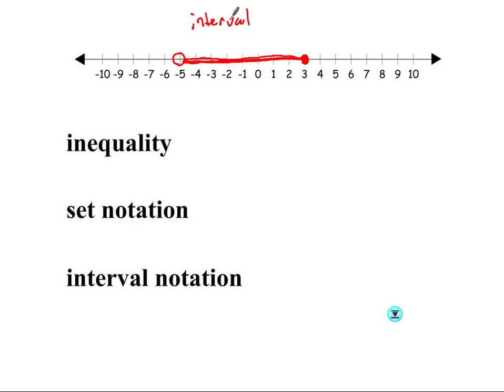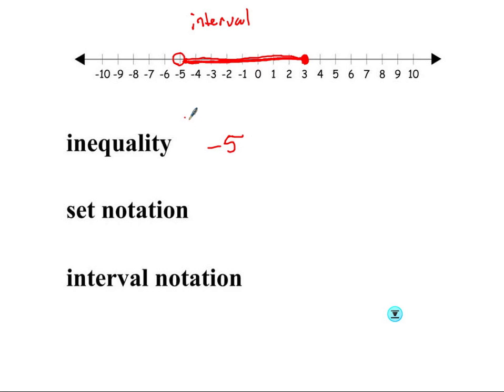Now, the first thing I want to do is find the inequality form to represent this interval. So what I want to do is find the two numbers. The lowest number in the interval is negative 5.